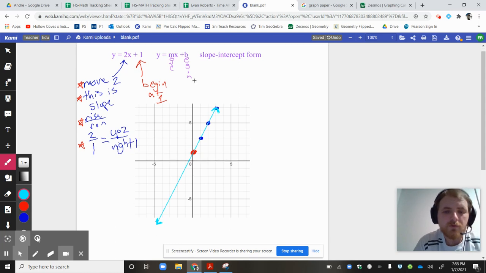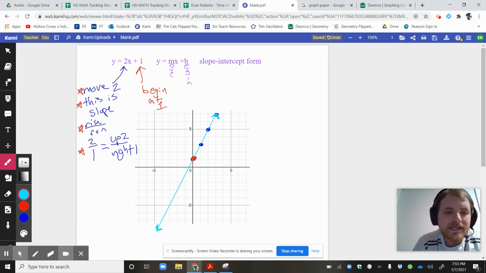Now, to make this more formal, we need to know that the begin is really also called the y-intercept, and it has this form. Notice my y-intercept, this coordinate right there, is 0, comma 1.